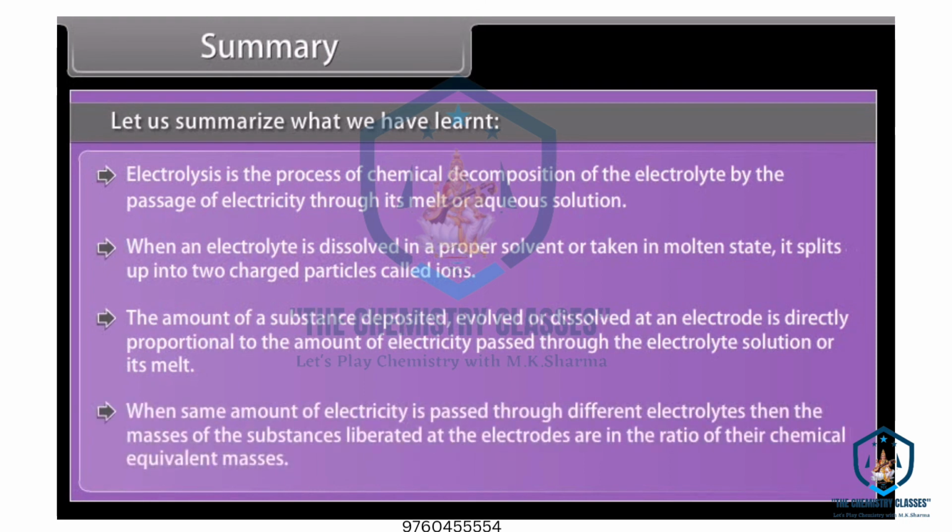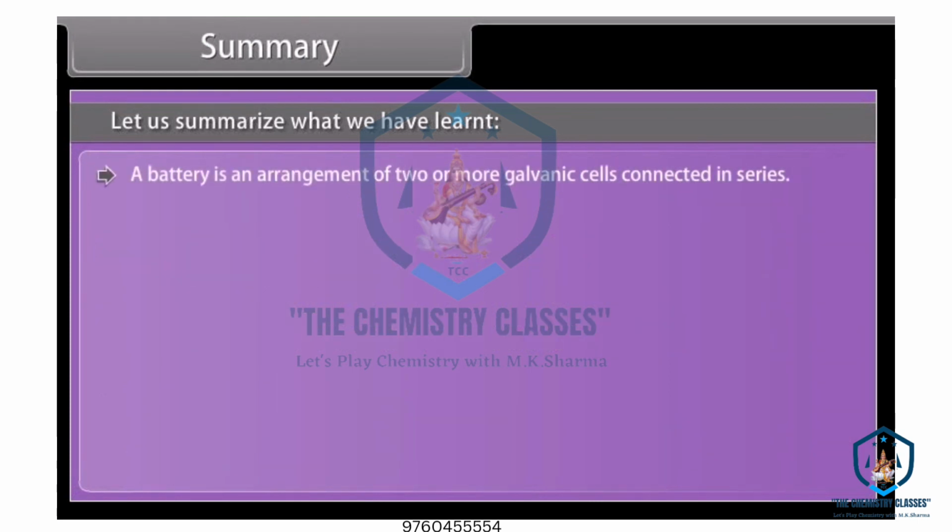When same amount of electricity is passed through different electrolytes, then the masses of the substances liberated at the electrodes are in the ratio of their chemical equivalent masses. A battery is an arrangement of two or more galvanic cells connected in series.